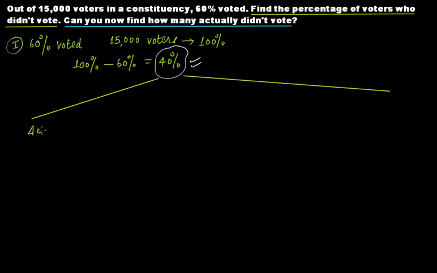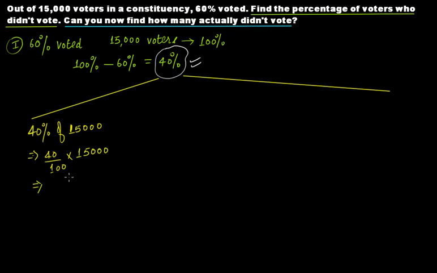So 40% of 15,000 didn't vote. It means that 40 over 100 times 15,000.